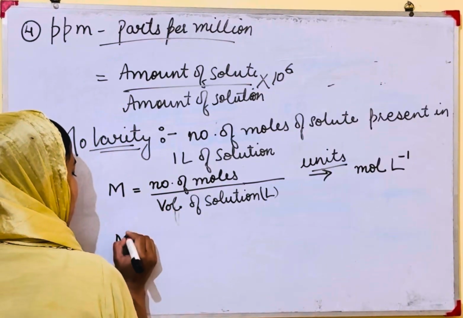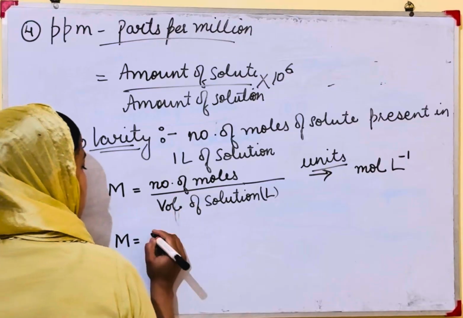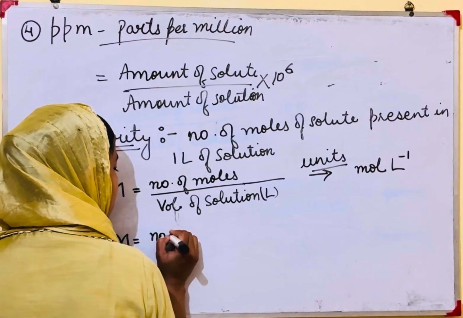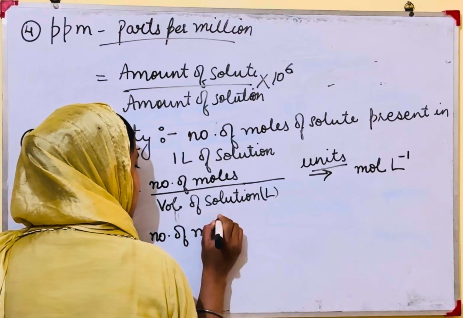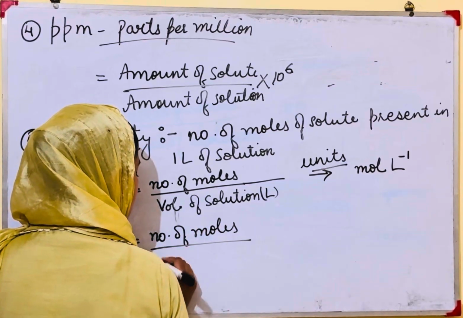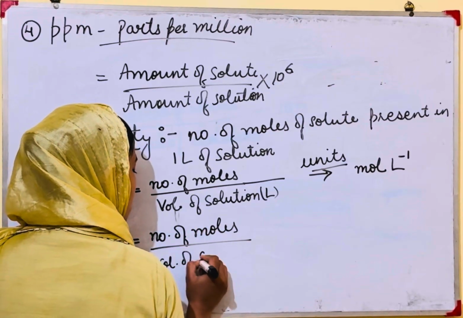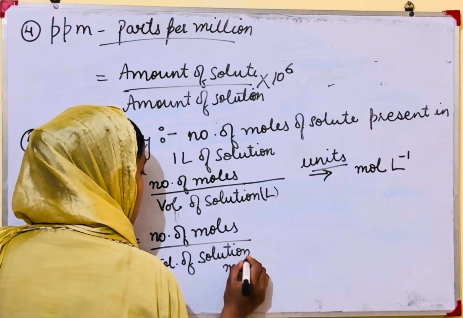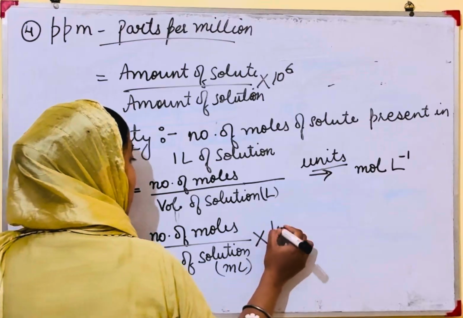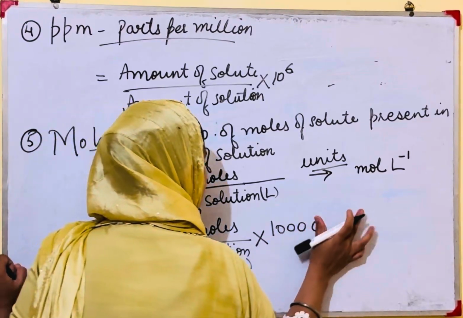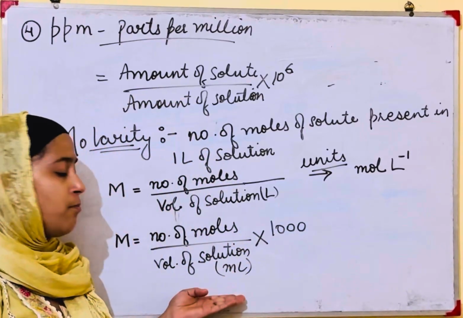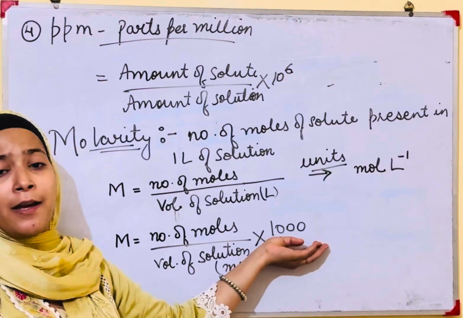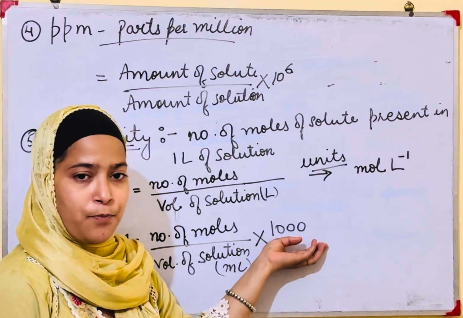If we want to put volume in ml, then what will it become? Number of moles divided by volume of solution in ml, you have to multiply by 1000.